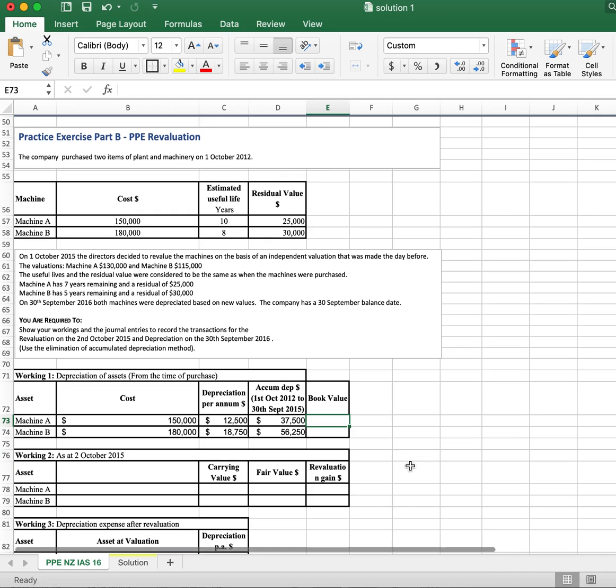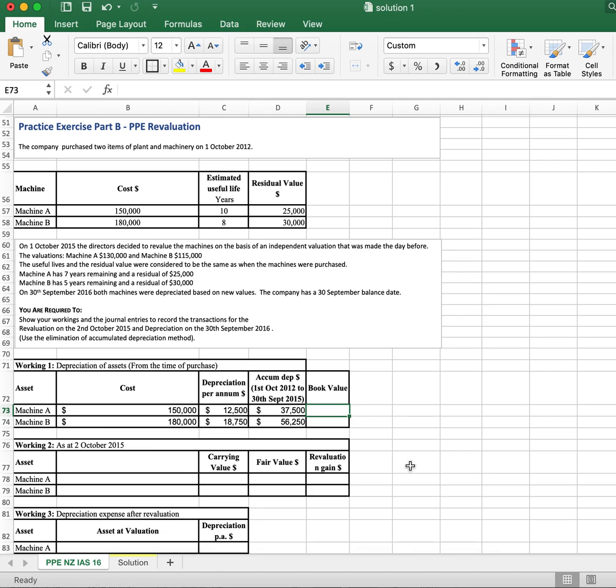All right, so what would the book value be at the end of September? It would be what we paid for it less what we've accumulated in depreciation. Okay, same goes for this one. So that would be their closing book values.